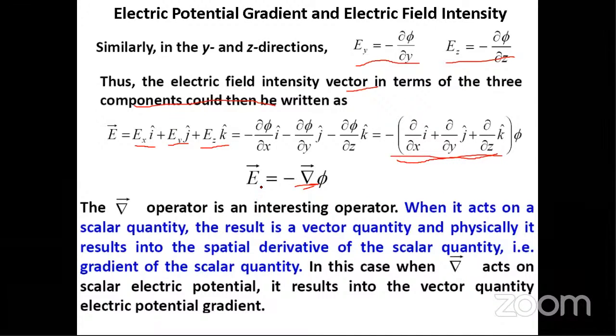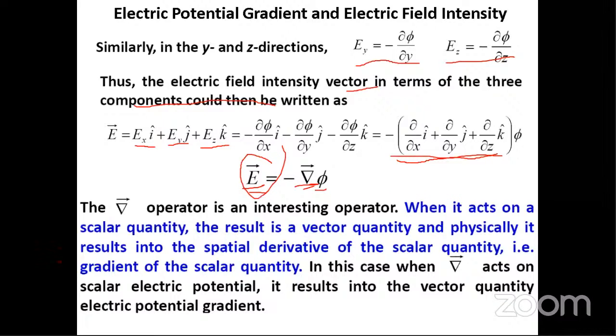Why is it interesting? Because, as all of you know after studying electric field and electric potential, electric field is a vector quantity, but electric potential is a scalar quantity. If the del operator acts on a scalar quantity, the scalar quantity is transformed into a vector quantity.